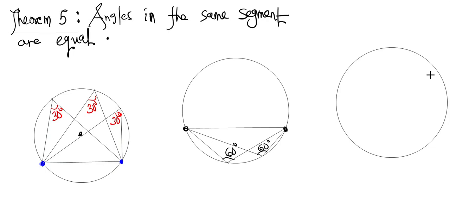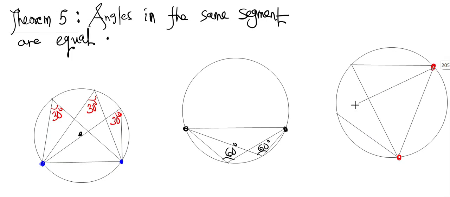Let's say we still have a chord. So all the angles from the extreme endpoints of the chord, draw a line, touch the circumference. From one extreme end, from the other extreme end, touch the circumference. So the angles will be the same.